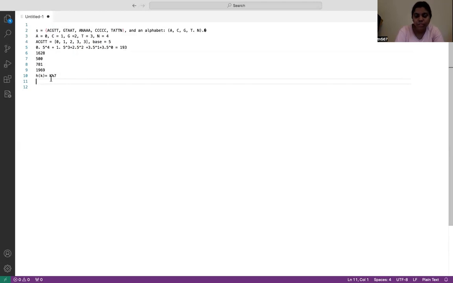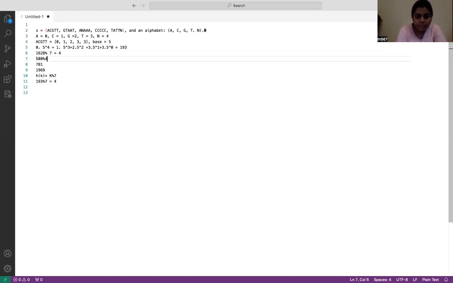So we divide these single values by 7. So 193 mod 7, we get the hash value to be 4. Likewise, we calculate the hash for all of the above numbers. So when we divide this, we get the hash value to be 4.